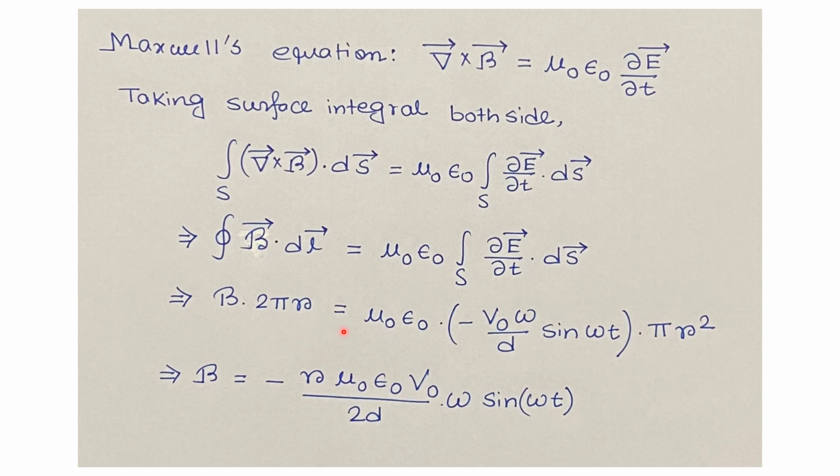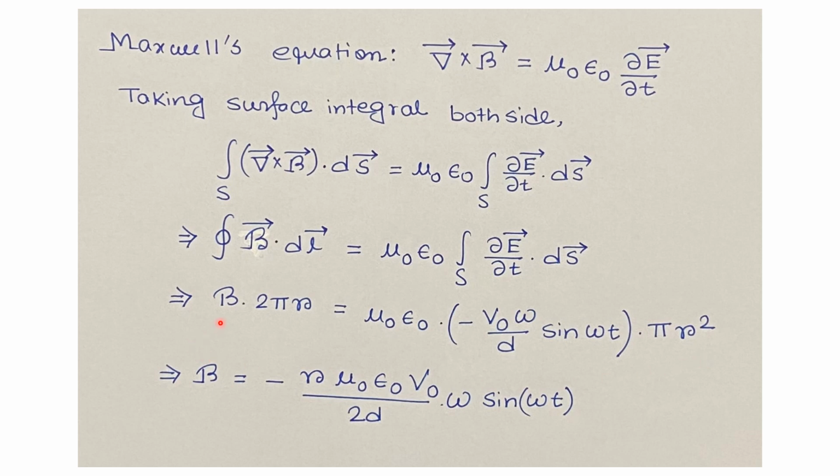And that is equal to mu naught times epsilon naught times this partial derivative of E with respect to t, that will give minus V naught omega divided by small d times sine omega t, times the surface area of the circular loop, that is pi r square.